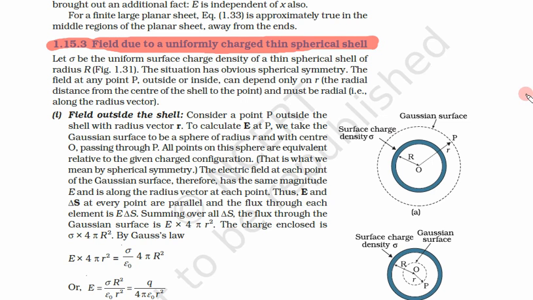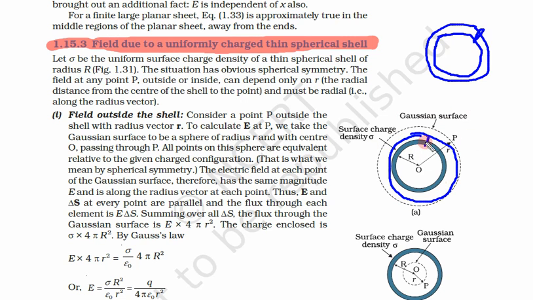So rather than taking a solid sphere, this could be a solid sphere, instead we are taking a hollow sphere. A hollow sphere with very little thickness, that means the thickness is very small, so we call it a shell.